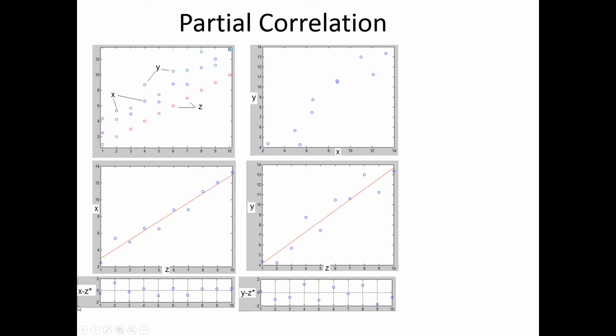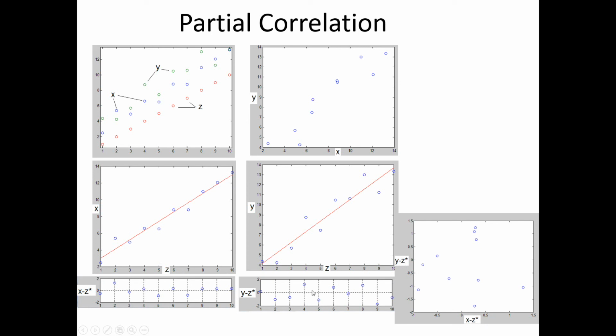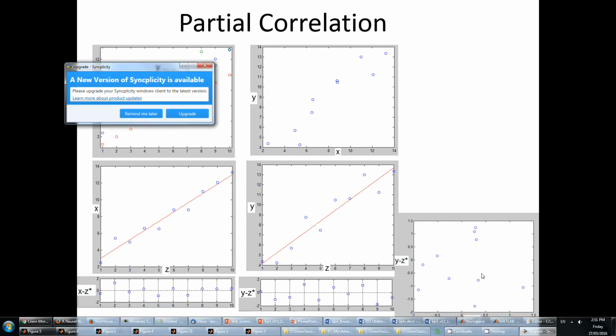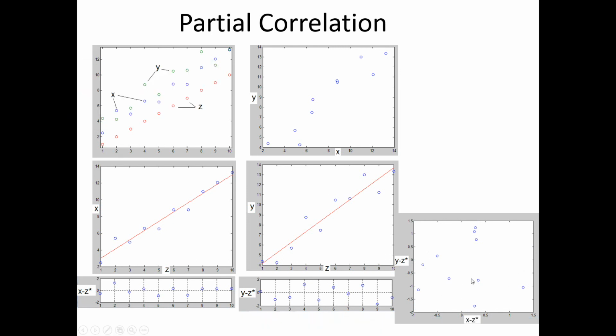If we do this for X and Y separately, and now plot Y minus Z* versus X minus Z*, we will find that the distribution is not linear, but rather a cloud of points.